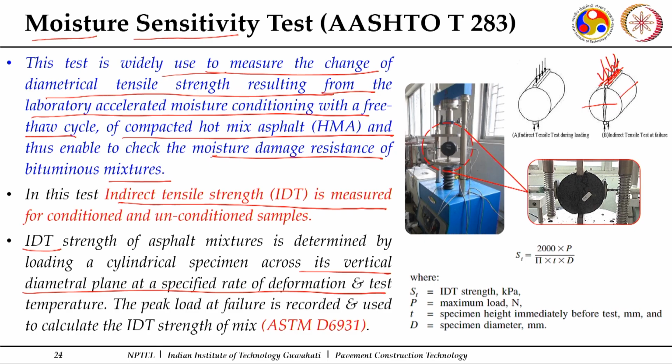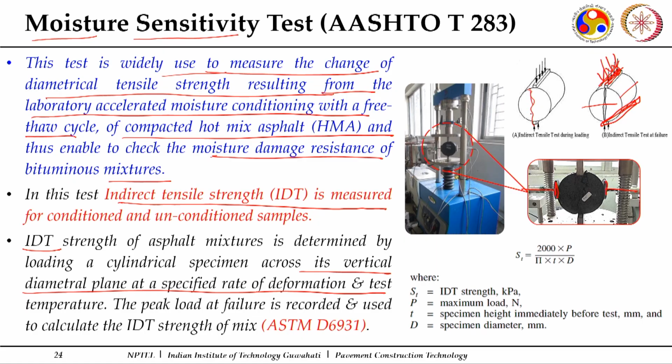A plate is kept at the bottom and on the top, and the load is applied from there. You can see the LVDTs here, which are measuring the horizontal deformation in addition to the vertical deformation. This is the setup shown.